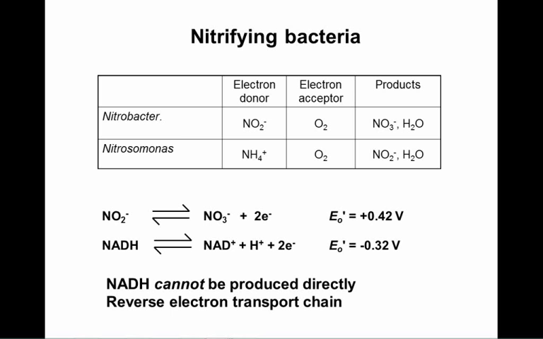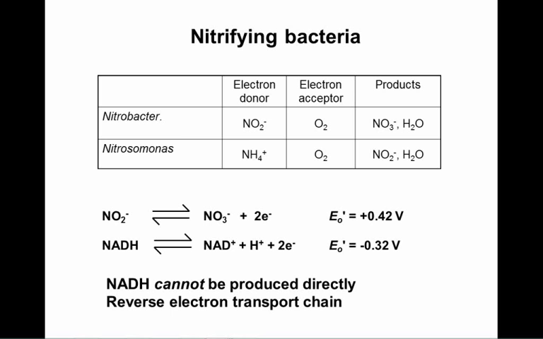So if you can build up a strong proton gradient, then this will be convertible into a potential difference which is going to be more than 0.3 volts, right?